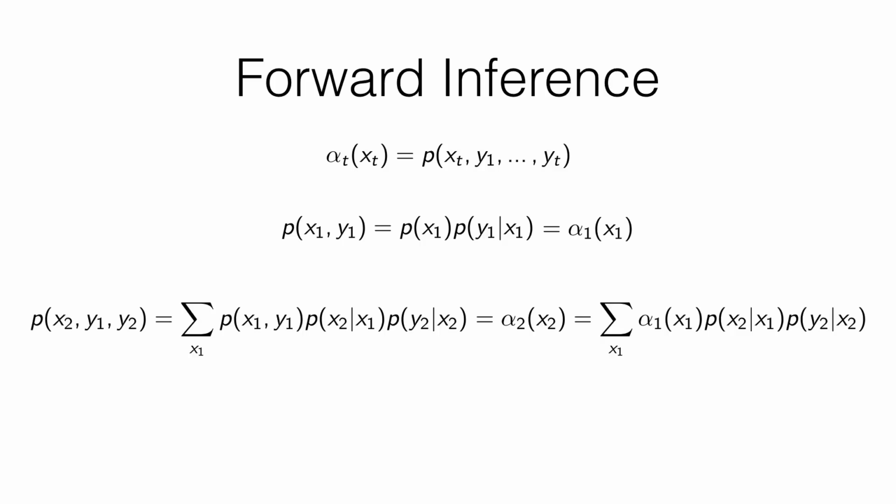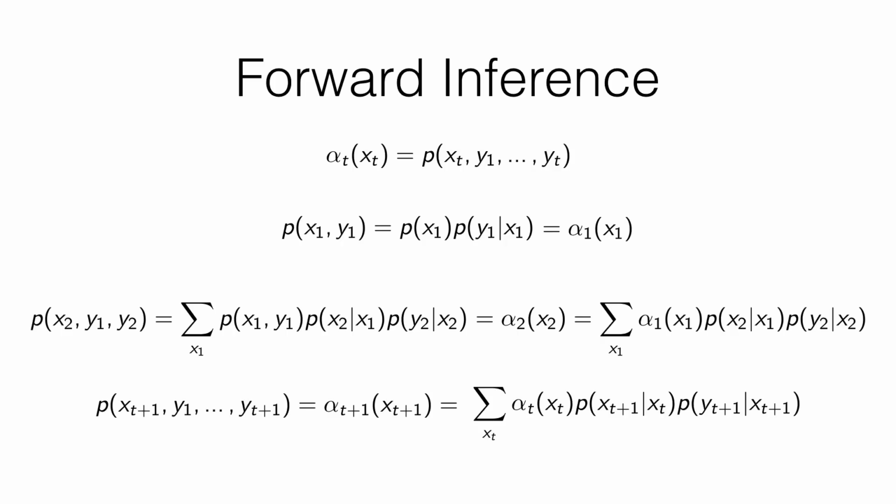And that should lead you to the fact that, in general, the expression is the following. The joint probability of the next time step state and all the evidence, including the next time step, which is what we're looking for, alpha t plus 1, is computed by summing over all the possible states of the current time step the joint probability of all the data up till now and xt, the current state, times the transition probability of getting to the next state, and then times the observation probability.